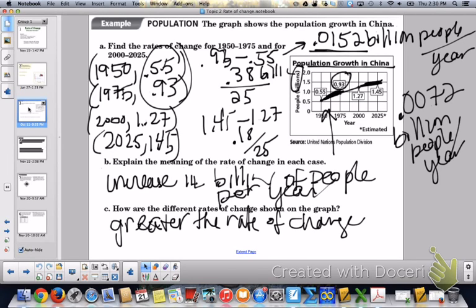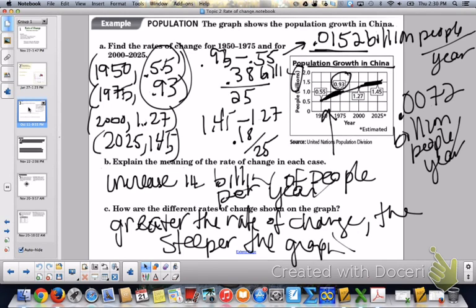Than here, it's a little less steep there. So the greater the rate of change, the steeper the graph. All right? So there's 2 more problems on the next page for you to try. Go from there, and then we'll discuss all these again tomorrow in class.